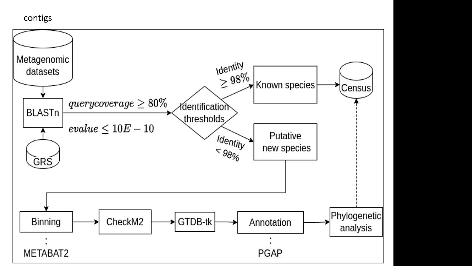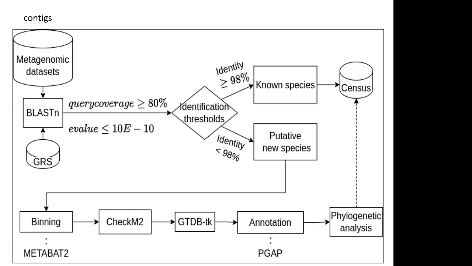So this is the pipeline that describes how the tool works. I'm not going to explain that to you, but it's important to mention that the input is contigs. So we assume that whatever data set we are working on has been assembled, and we are dealing with the contigs. My student, who's the main developer here, thinks that we should extend this to at least include long reads, and we are in the process of debating it.